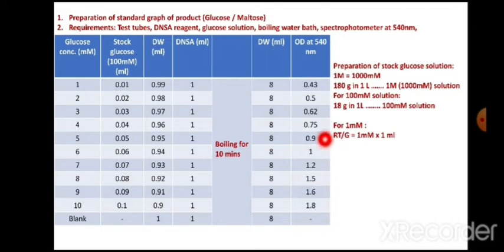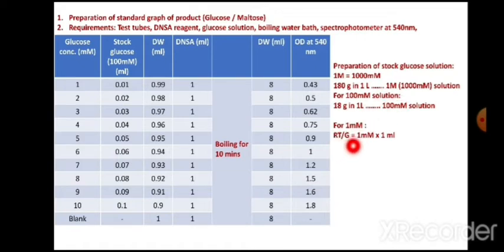Now required concentration is 1 millimolar. The total volume we want to prepare is 1 ml, divided by G. Given is 100 millimolar. So we want to prepare 1 millimolar from 100 millimolar.